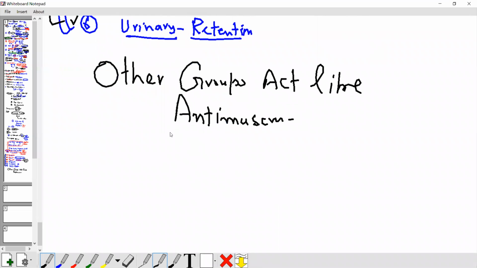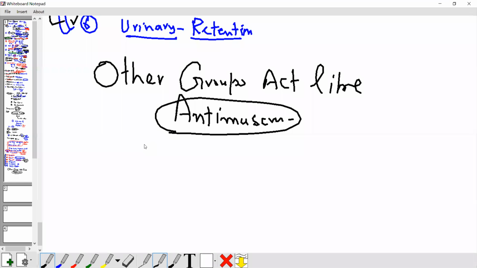So if you understand which groups act like antimuscarinics, then it is very easy to memorize their side effects, because you know the antimuscarinic side effects: memory loss, dry eye, dry skin, constipation, urinary retention, tachycardia.